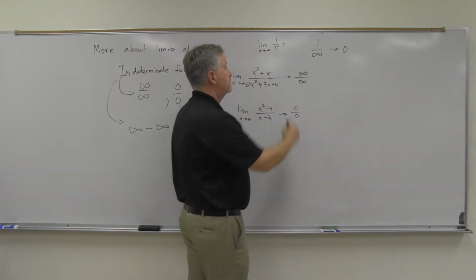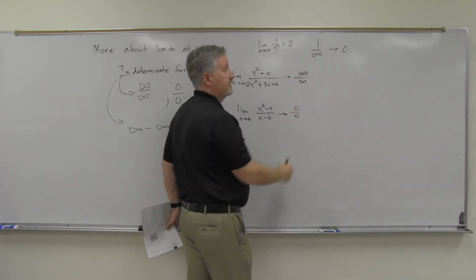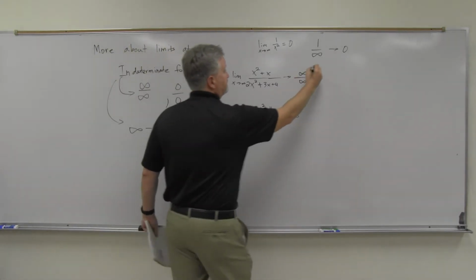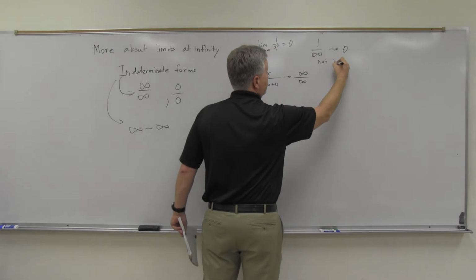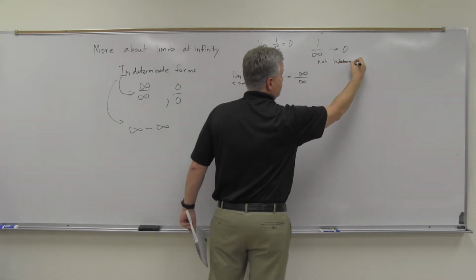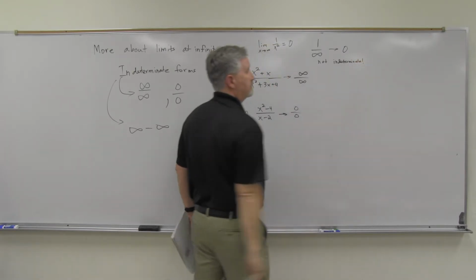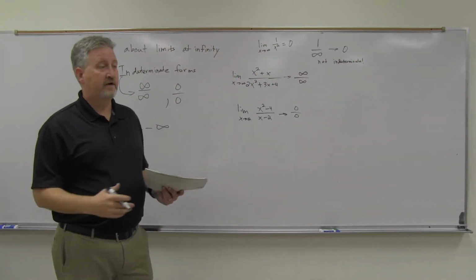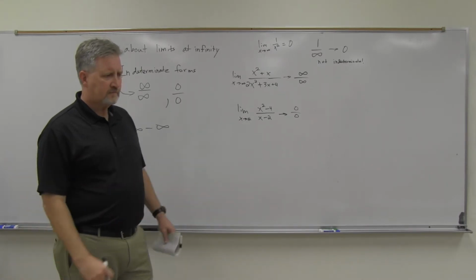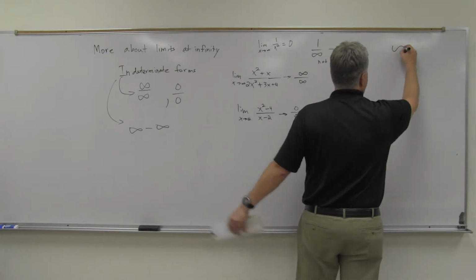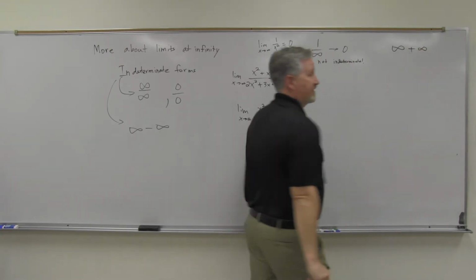That's 1 over infinity, and that's always going to go to 0. So that's not indeterminate. So you see the difference I'm driving at here? If I've got 1 over infinity, that's 0, or a number divided by it.